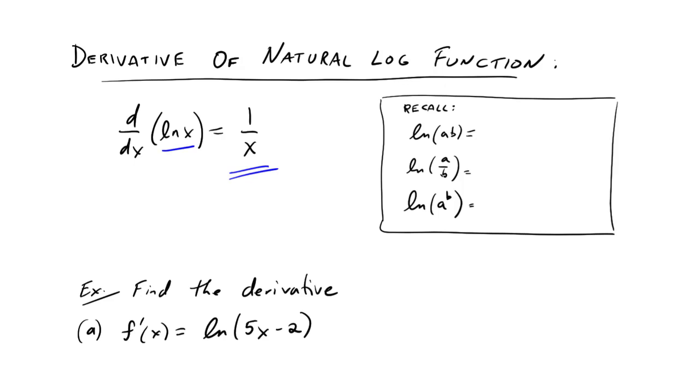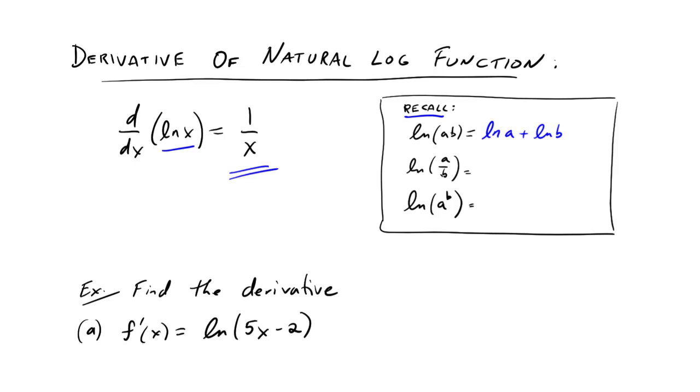Now, I'm going to mention some logarithm rules, not derivative rules, but just a manipulation of logarithms that will be very useful for us. Recall that the ln of the product is the sum of the ln. So ln of AB is equal to ln of A plus ln of B. The ln of the quotient is the difference of the ln.